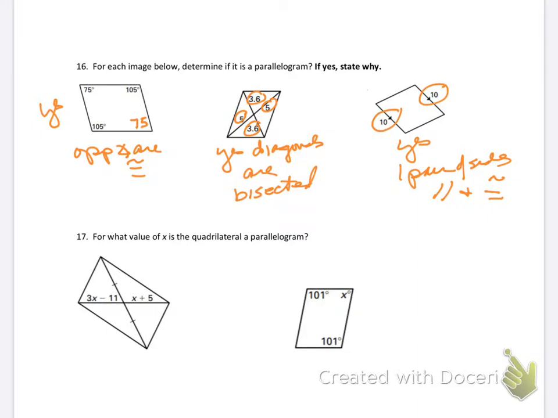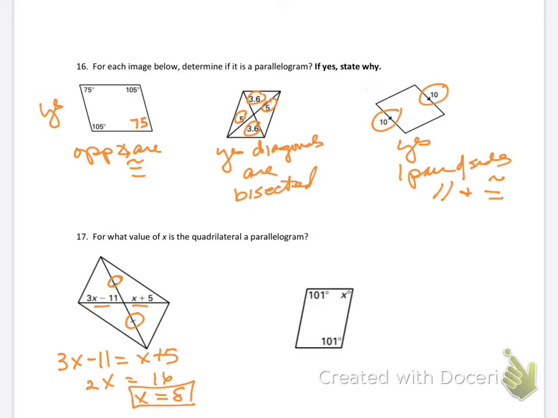Okay, coming down to 17. For what value of x is the quadrilateral a parallelogram? Okay, so these are already equal. So if I can set these two pieces equal, I will have a parallelogram. So 3x minus 1 has to equal x plus 5, and that's going to get me 2x equals 16, so x equals 8.